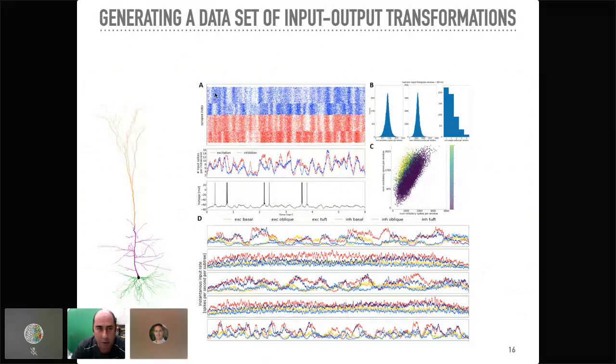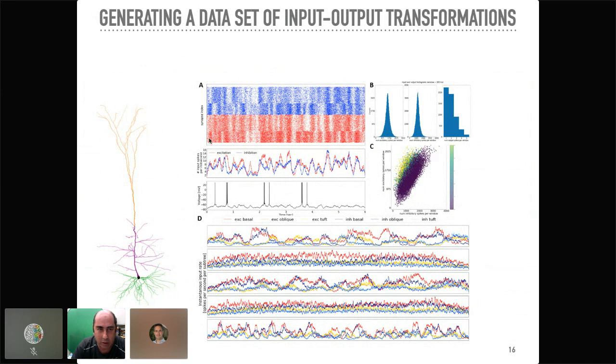So you see there's a period of high excitatory and medium inhibitory input, and then quiet, and then some other activities. So we play with all of them, and for each simulation like that, we have a membrane potential and action potential trace that we record in the soma.